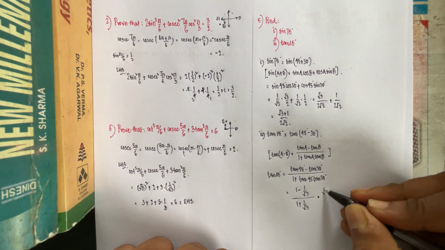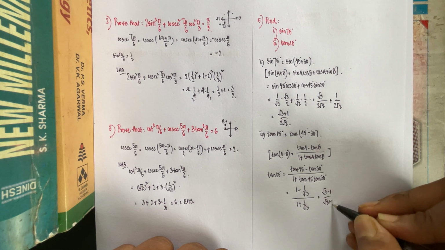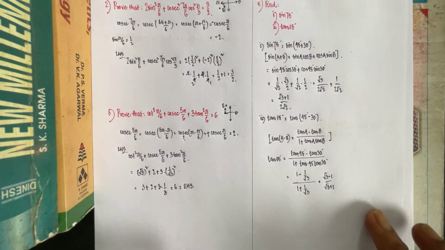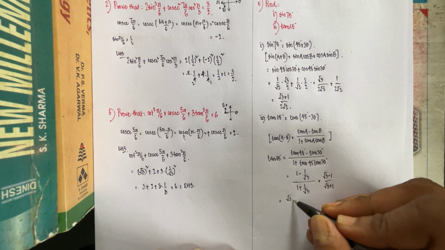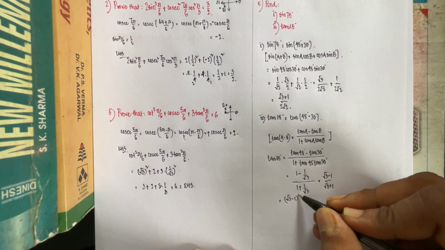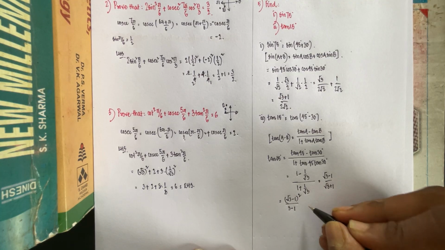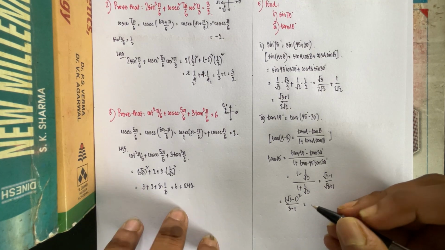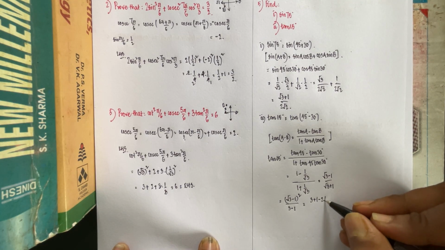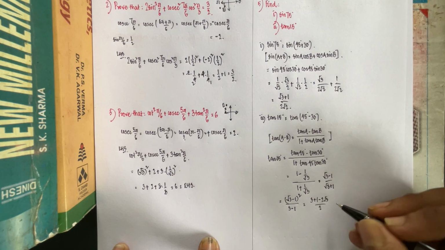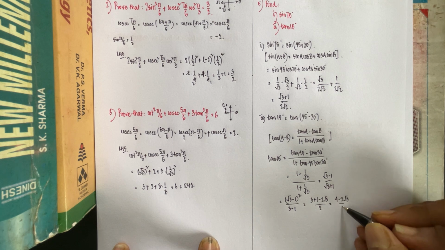If you simplify it, we are going to get root 3 minus 1 divided by root 3 plus 1. And if we do a bit of rationalization here, we will get our answer. We will get root 3 minus 1 whole square divided by 3 minus 1, and that is 3 plus 1 minus 2 root 3 divided by 2, that is 4 minus 2 root 3 divided by 2.